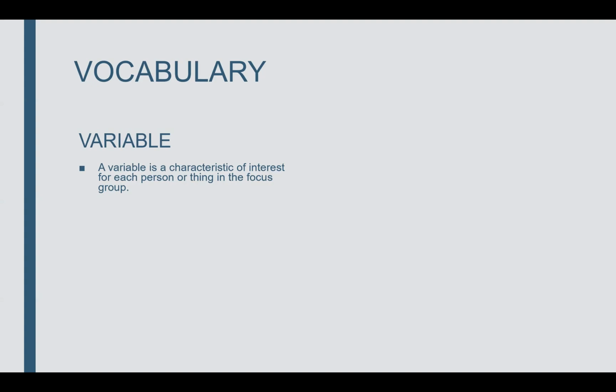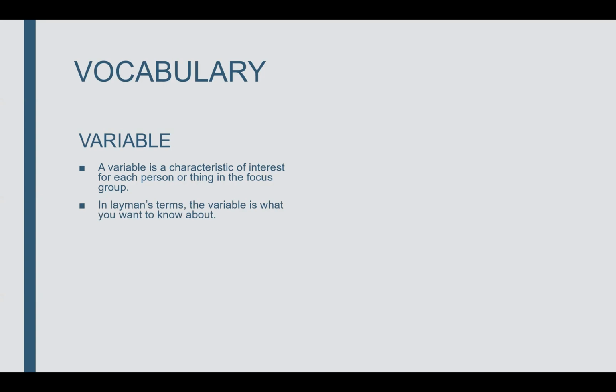Well, with statistics, the variable is some sort of characteristic that's unknown to you. For example, it might be a person's eye color or a person's age. So there's a variety of things. In layman's terms, the variable is what you want to know about. Okay, what are you trying to find information about?